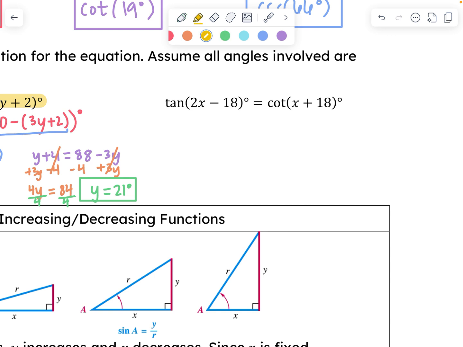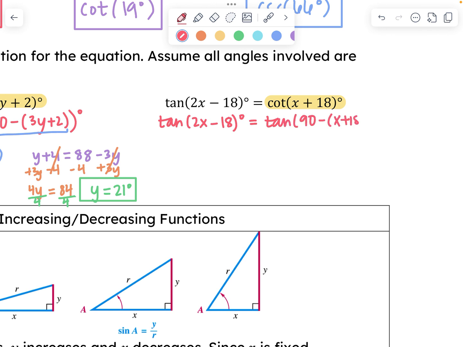So let's go ahead and change our cotangent to a tangent using our cofunction identity. The left side, once again, is just going to stay how it was. And my right side is going to change to a tangent of 90 minus the x plus 18 degrees.